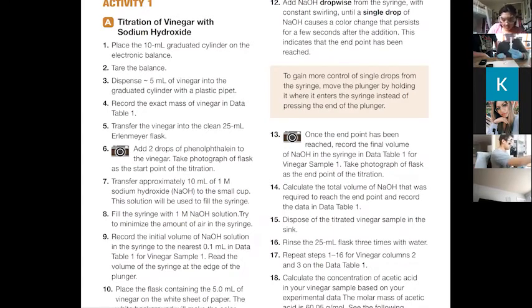You want to be able to just barely see pink at all. But I mean, you're probably 1 drop over, so it's probably fine. Kind of pink. But the perfect titration is just barely pink. Like you can barely see it, but it doesn't go away when you stir it.